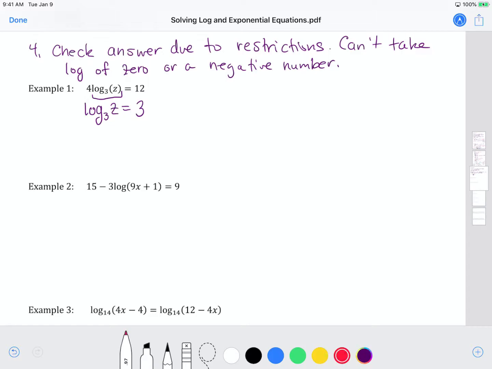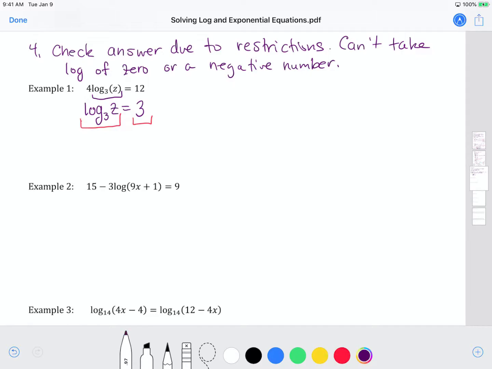So now I have it set up so that I can put it in exponential form. This is what we want before we put it in exponential form. We want one log, no coefficients in front, just log of something is equal to something else on the other side. And once we have it set up like that, then we can put it in exponential form.